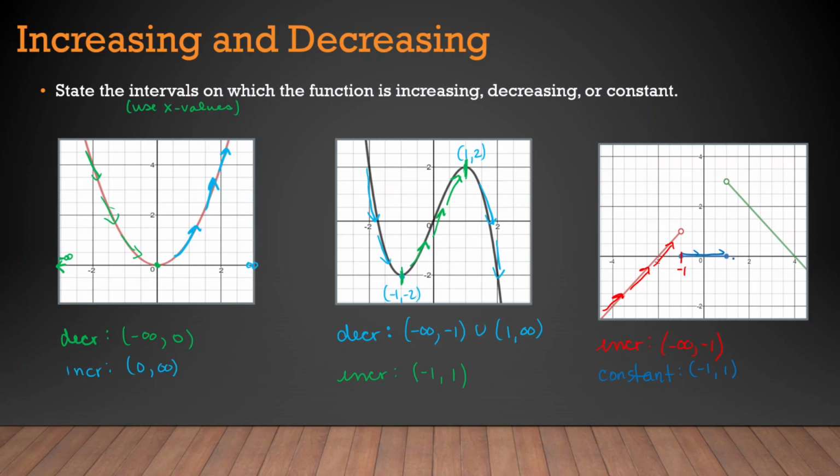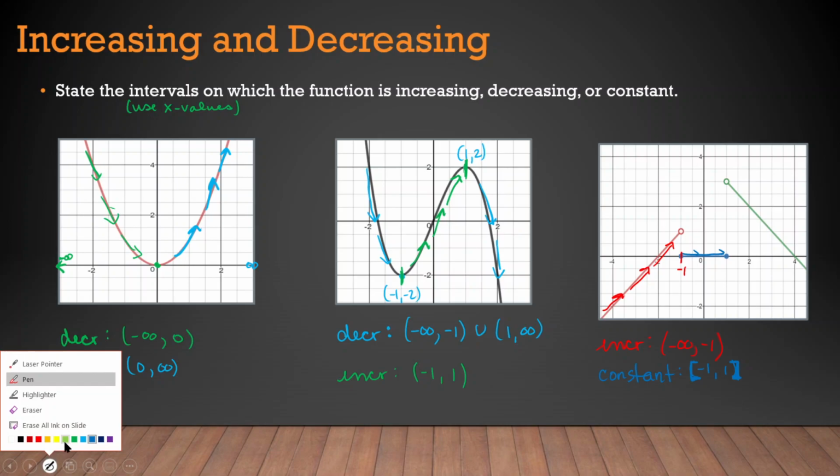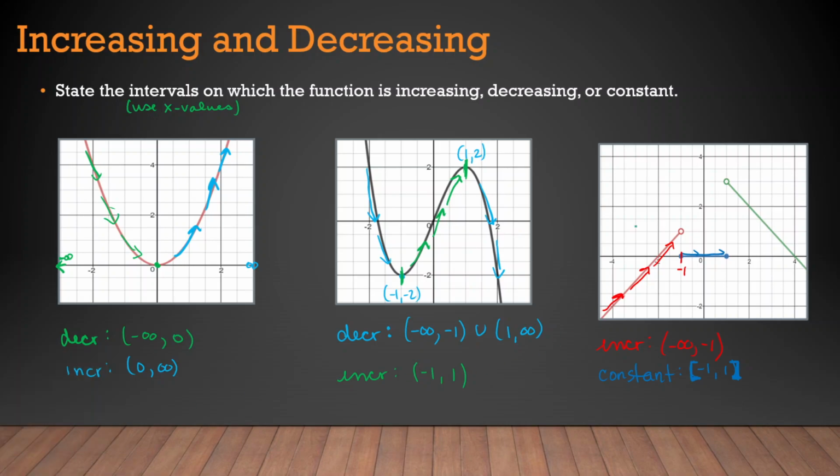Now, those are endpoints there. They're dots on the end. So on a constant piece, I am going to include the endpoints if they're dots. Okay. And then finally, the green part, I'm coming down. So I'm going to be decreasing on that interval, which is at an x of 1, all the way to the right. Okay?